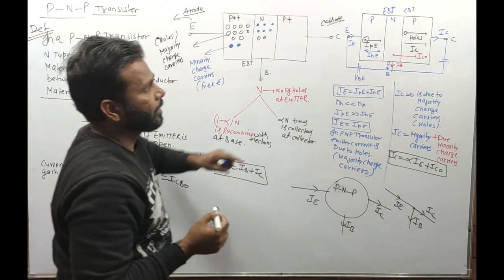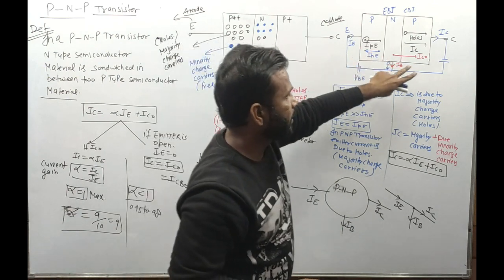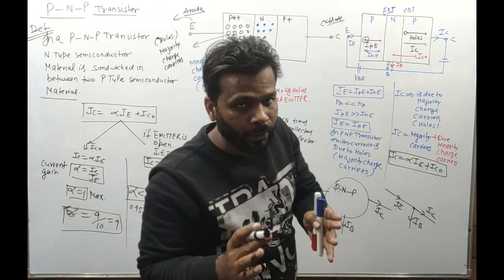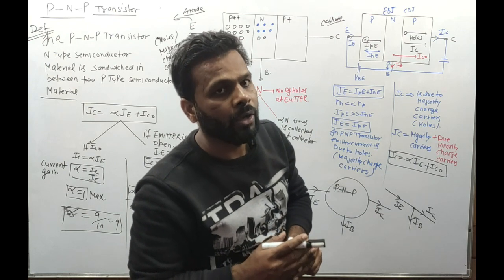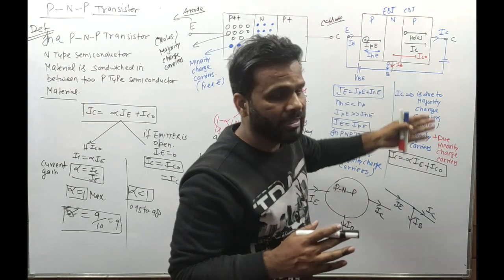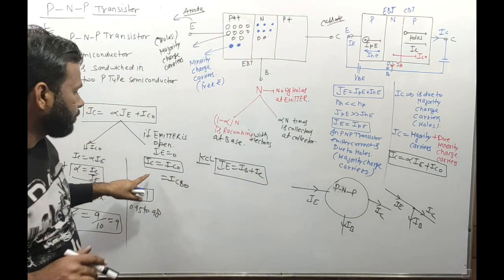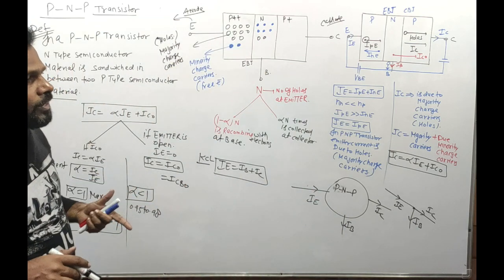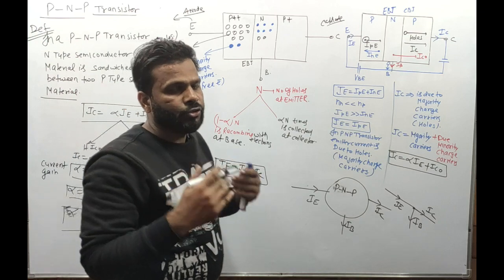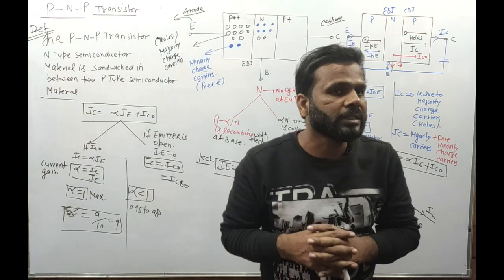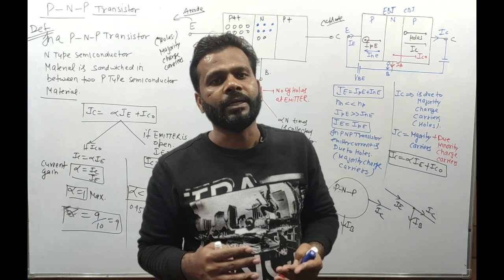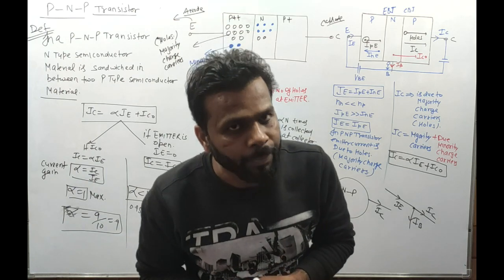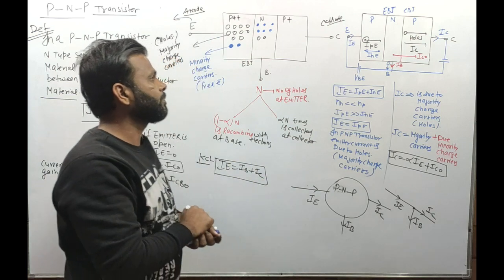So when the emitter is open but the collector base junction is reverse biased, the current is only due to the minority charge carriers, as the junction is reverse biased. That's why this current is also called the reverse saturation current, which is a strong function of temperature, and this current doubles for every 10 degree centigrade increase in temperature. Clear till here?